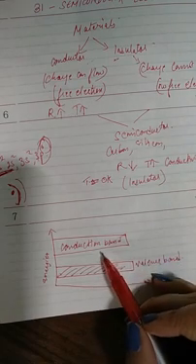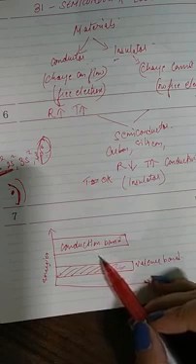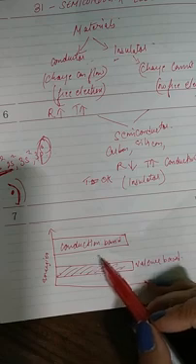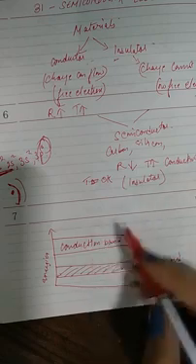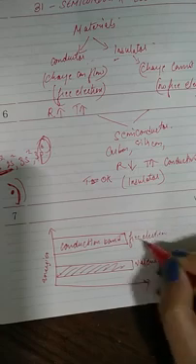Now next, about conduction band. The energy band, which is formed by grouping the range of energy levels of the free electron, is called the conduction band. All the free electrons sit on the conduction band.